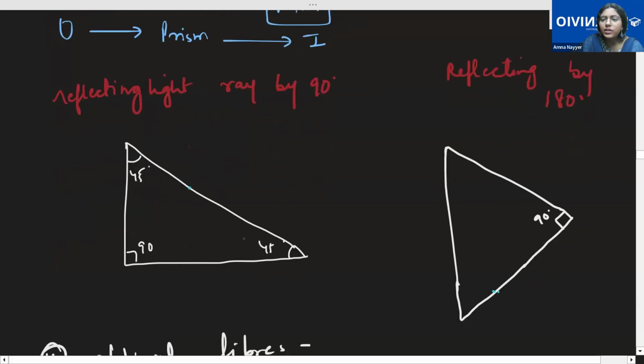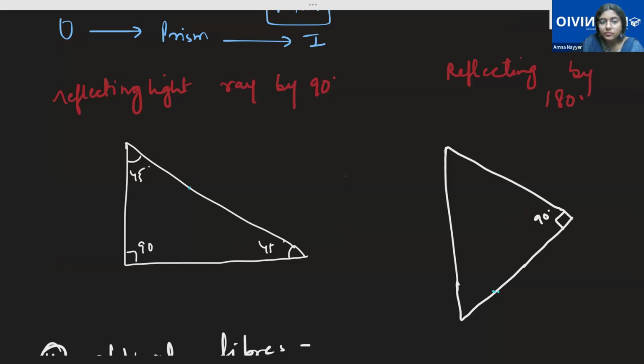Now, how to reflect a ray? How to deviate a ray? It depends on the orientation of it, from which side you put the object. Now, if this is a right angle prism, one of the angles is 90 degrees, the other two angles are 45 degrees definitely. Total has to be 180 degrees. In an isosceles prism, both the angles are equal, but they can be any, like 20 degrees also, 30 degrees also.